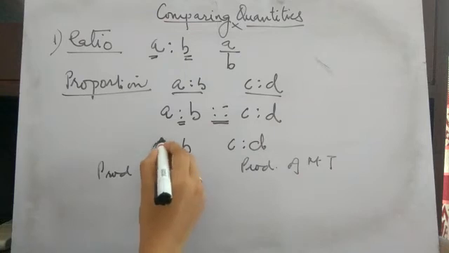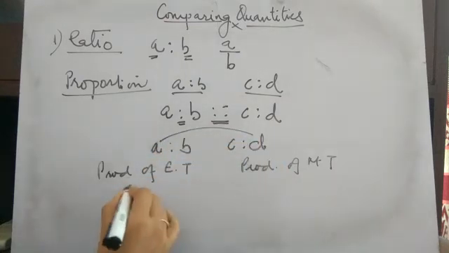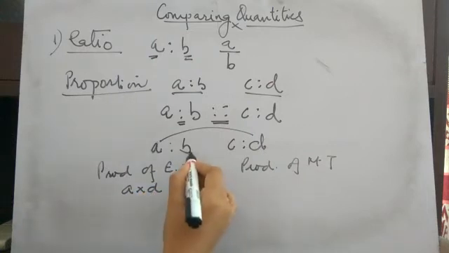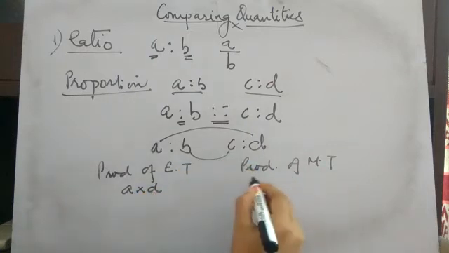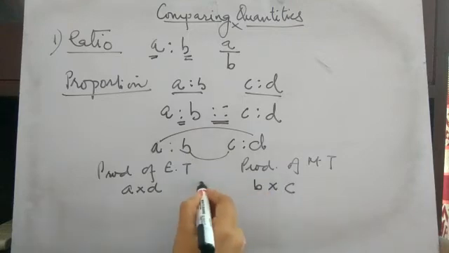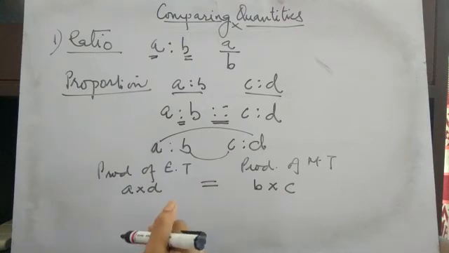Now what are the extreme terms? The corner ones, these A and D. So we find out the product of the extreme terms, and the middle ones are the mean terms. We find out the product of the mean terms. If they are equal, we say that they are in proportion, right?